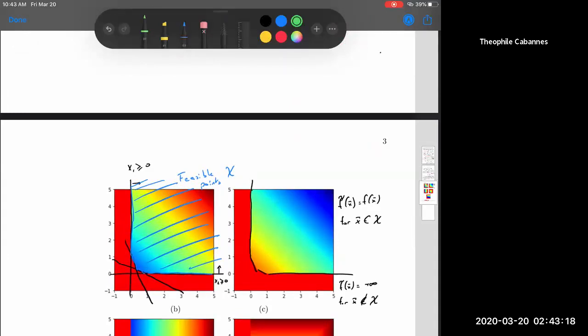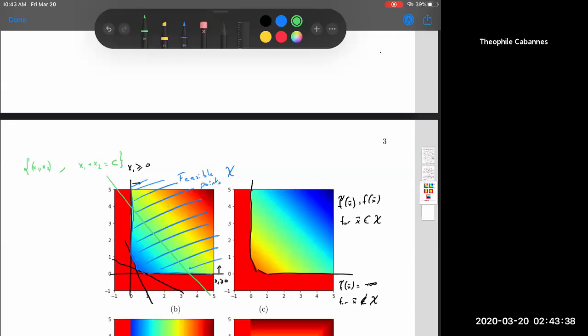So this here is just x1 plus x2 is equal to a constant. This is the set of points x1, x2 such that x1 plus x2 is equal to a constant.